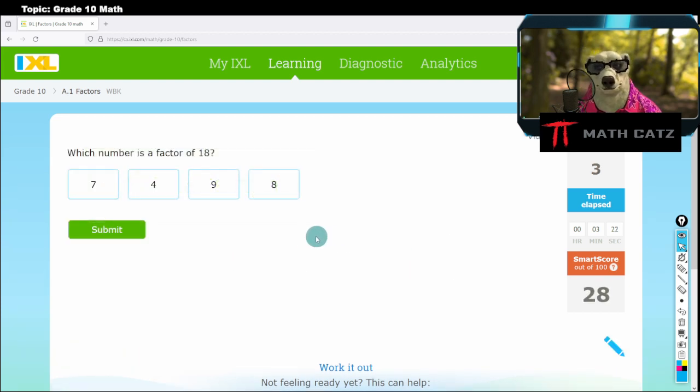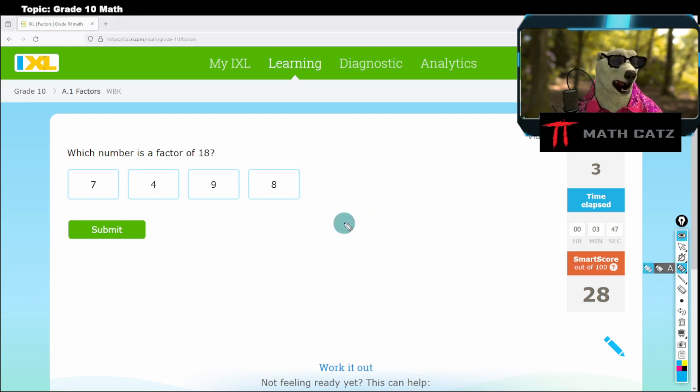Which number is a factor of 18? Well, I need to look at it in two ways, division or multiplication. They're related to each other very closely. Can I write 18 as 7 times something? No. Can I write 18 as 4 times another integer? In this situation, we're only talking about integers.